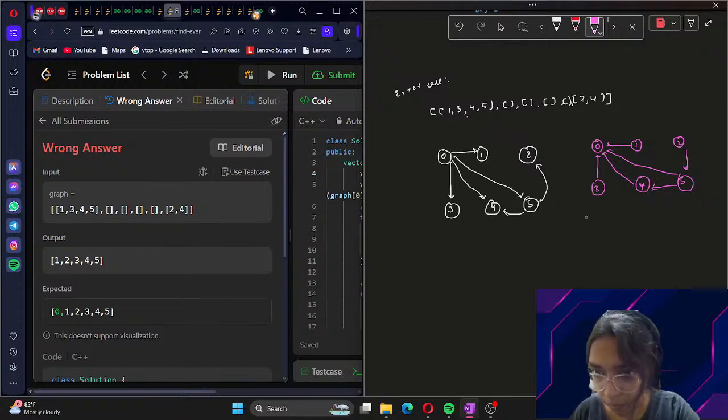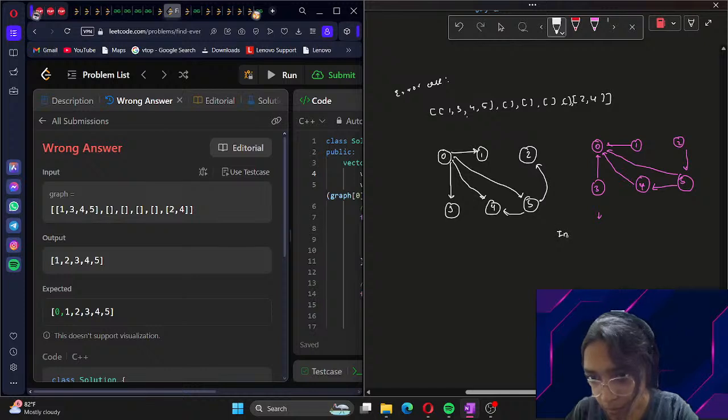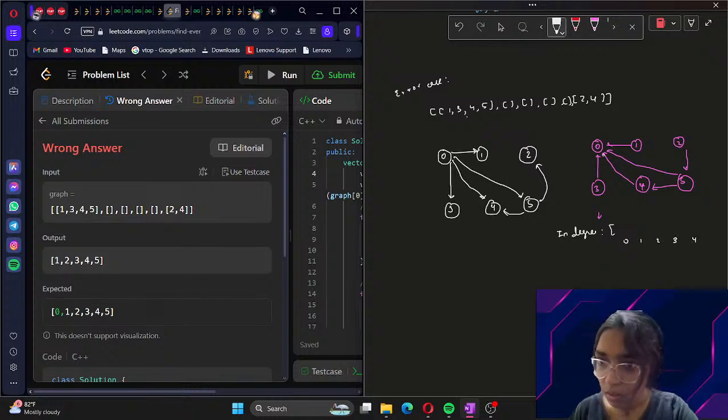In-degree: for 0 the in-degree is 4. For 1 the in-degree is 0.